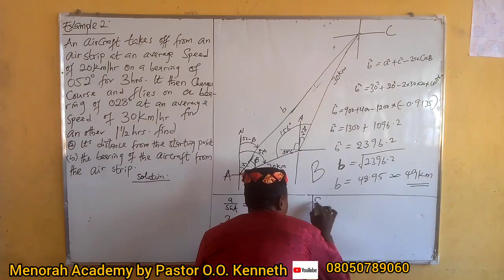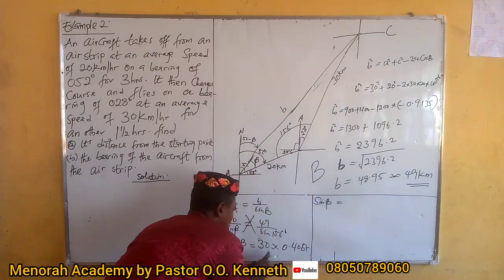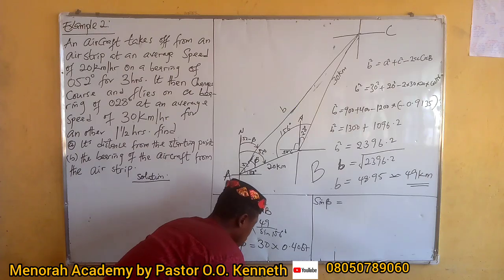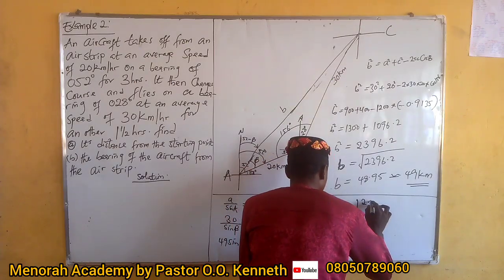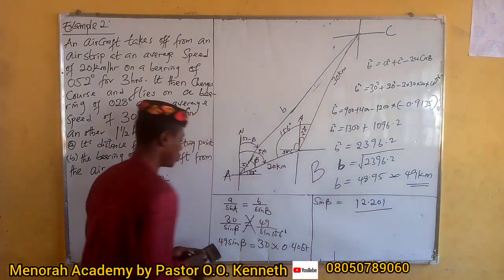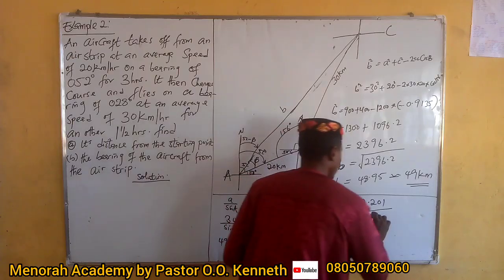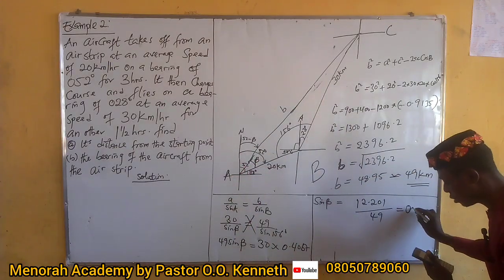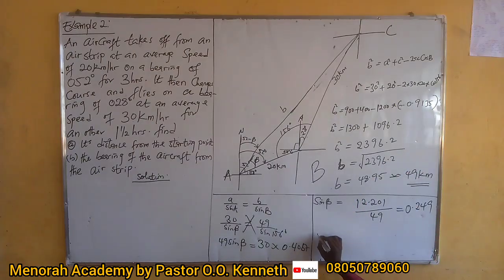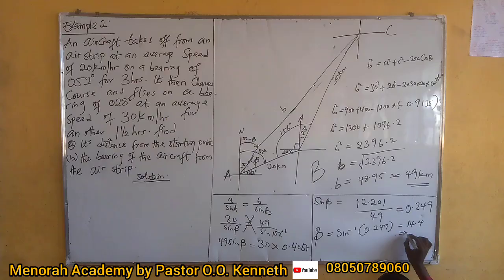So 49 sine beta equals 30 times 0.4067, which gives 12.201. Dividing by the coefficient of sine beta, 49, gives 0.249. Therefore beta equals sine inverse of 0.249, which is 14.4, approximately 14 degrees.